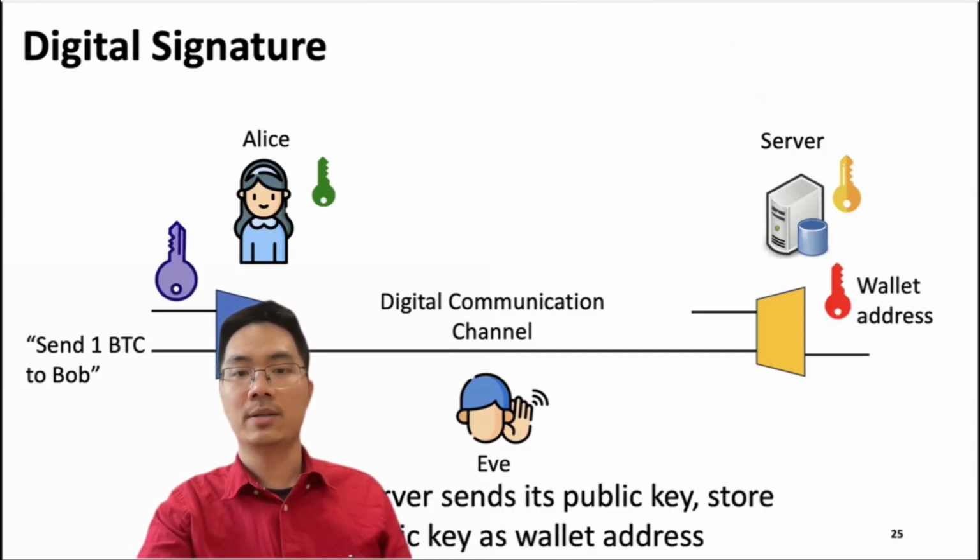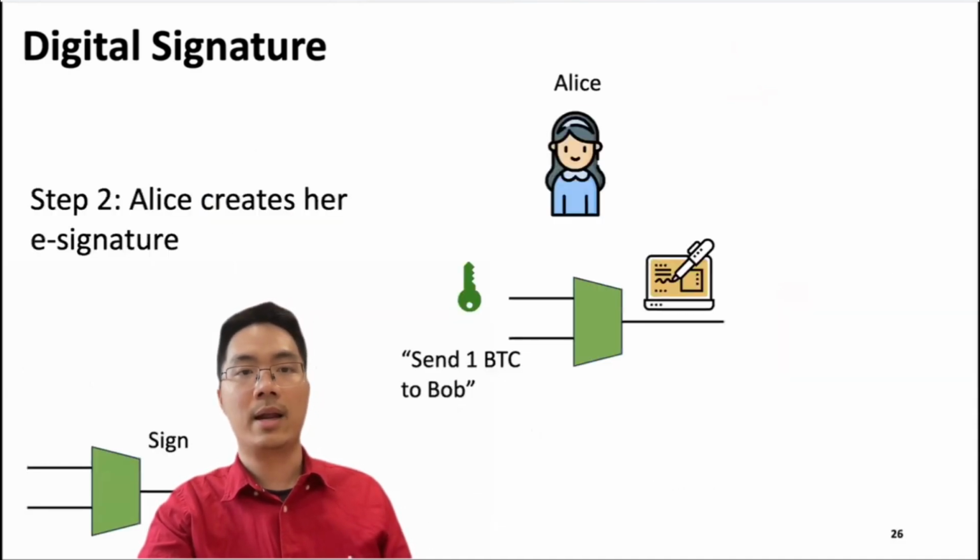First, the server creates its public key and stores Alice's public key as the wallet address. Next, Alice will create her signature based on the content of the transaction, for example, send one Bitcoin to Bob, with her private key, and we will have a digital signature here.